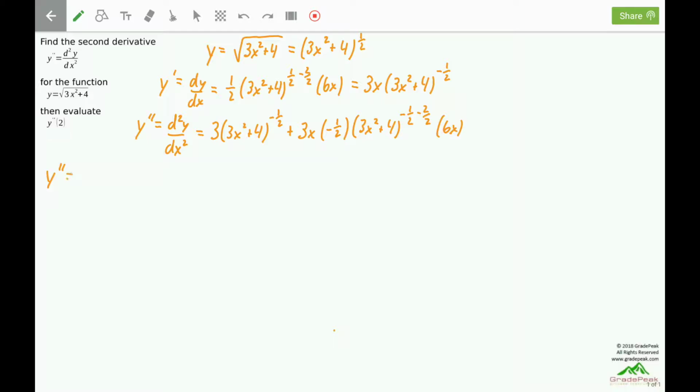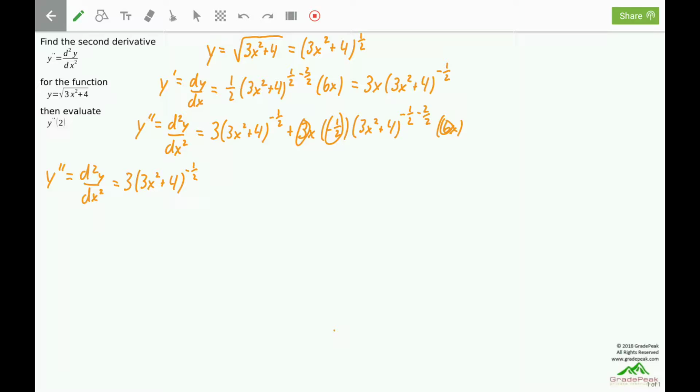So my second derivative, y double prime or d squared y dx squared, will be, the first term I'm going to leave alone, 3 times 3x squared plus 4 to the negative 1/2. The second term, I have several constants I'm going to put together. I have a 3, I have a negative 1/2, and I have a 6. 3 times 6 is 18.